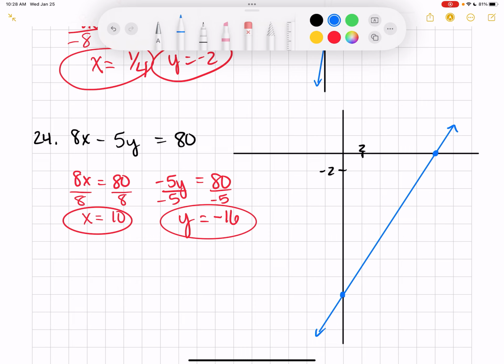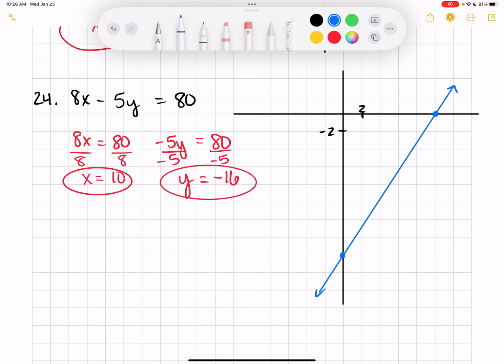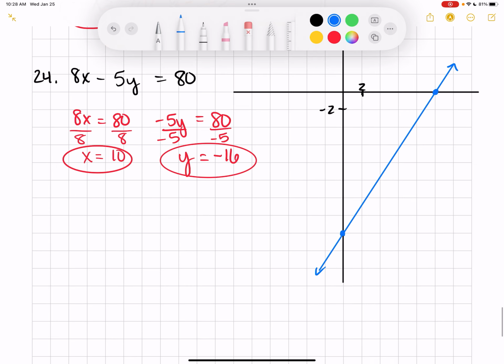Any questions about these? You seem to be okay with solving them, and you seem to know how to plot points. So I think if we put it all together, we should be good. In addition to the problems I gave you the other day, let's do 17, 19, 21. 21 is going to end up having a fraction in it.